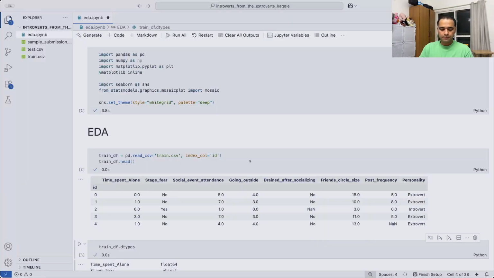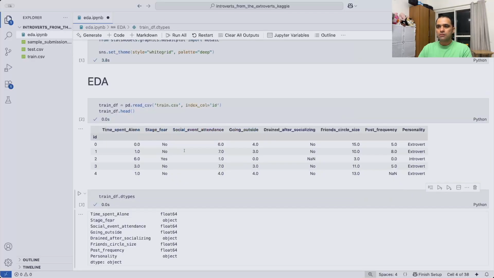All right, getting into the code, I'll quickly introduce you to the data I'm using, but mainly in this video we'll be coding the algorithm from scratch. We can go through more about the data once we are running the model and getting the results. This is a classification dataset where you have to predict the personality of a person, for whom you have these features available: time spent alone, stage fear, social event attendance, going outside, drained after socializing, friends circle size, post frequency.